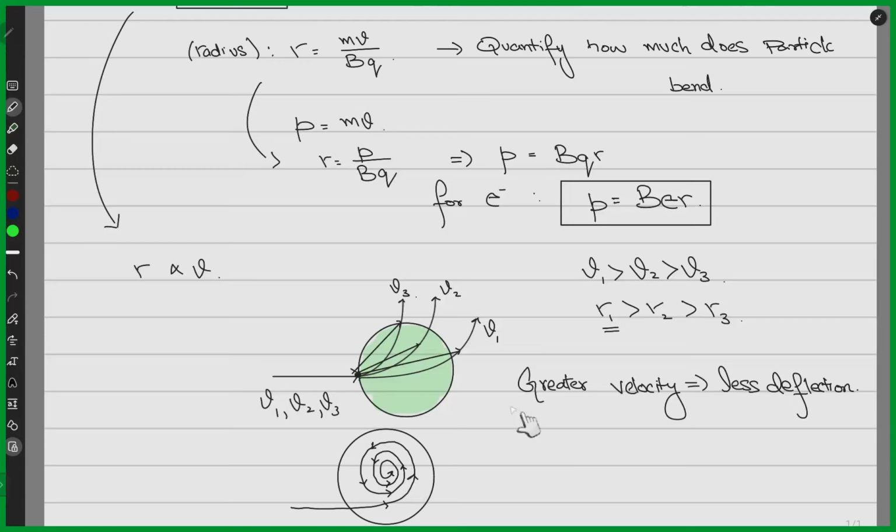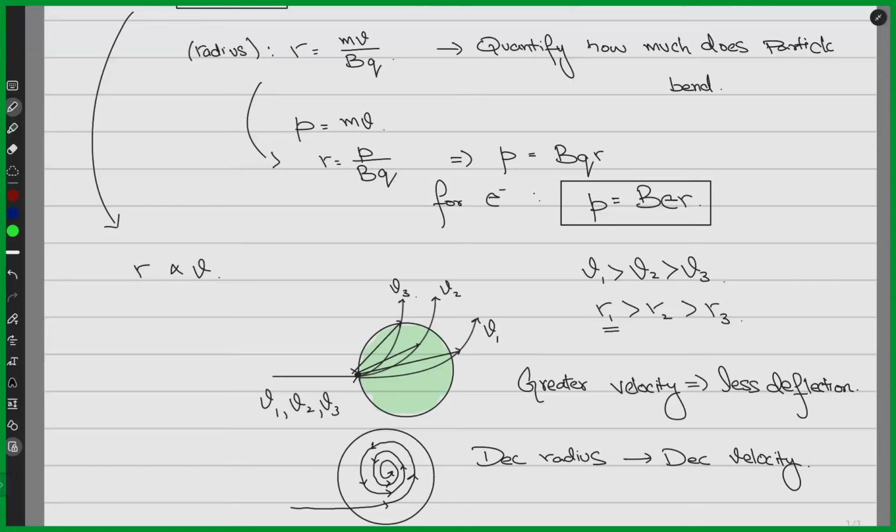So this means that a decreasing radius implies decreasing velocity. Or you could just say that decreasing velocity implies decreasing radius.